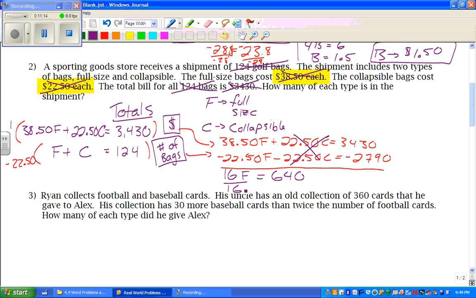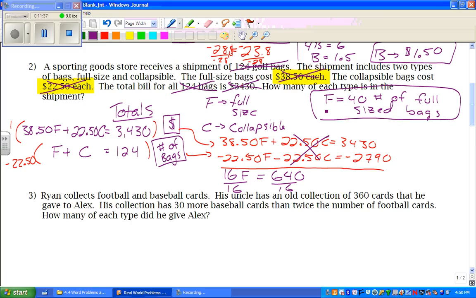So when you divide by 16, you get 40. F equals 40. And 40 is the number of full-size bags. All right. Good.